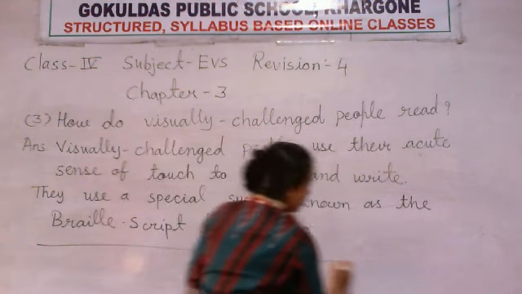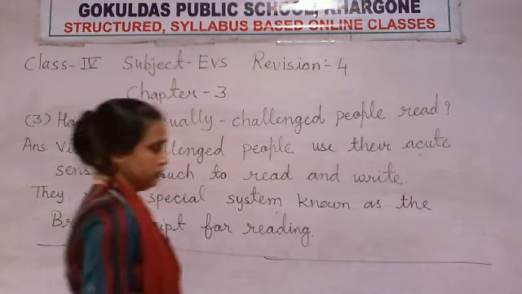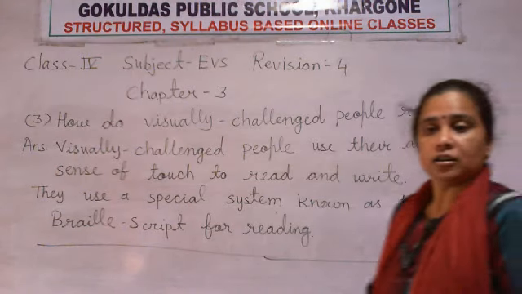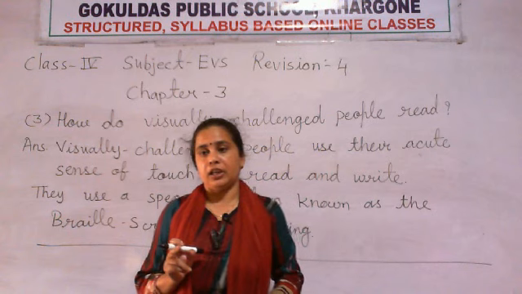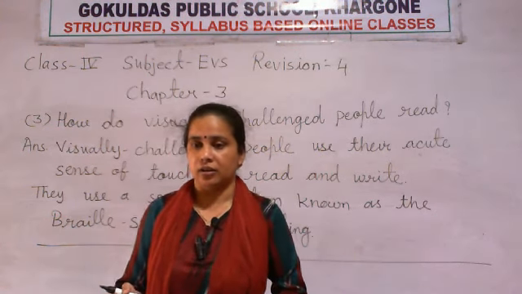Now students, learn only 4 questions or 3 questions that are given in the textbook. Okay. Now here your revision is finished. Revision of chapter number 3 is finished here.